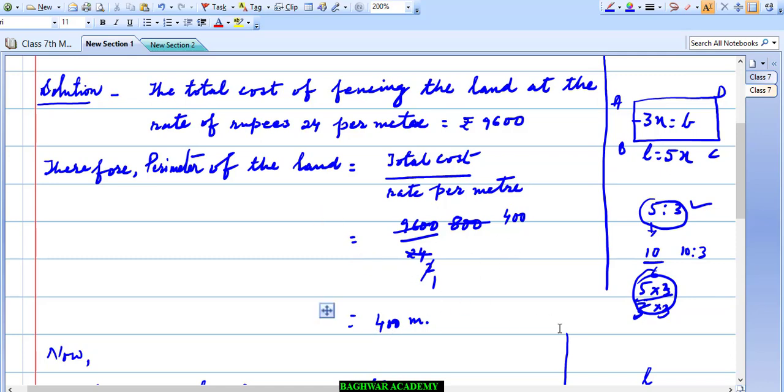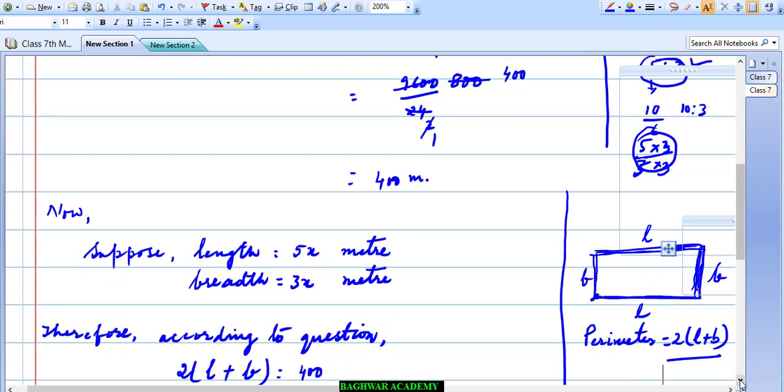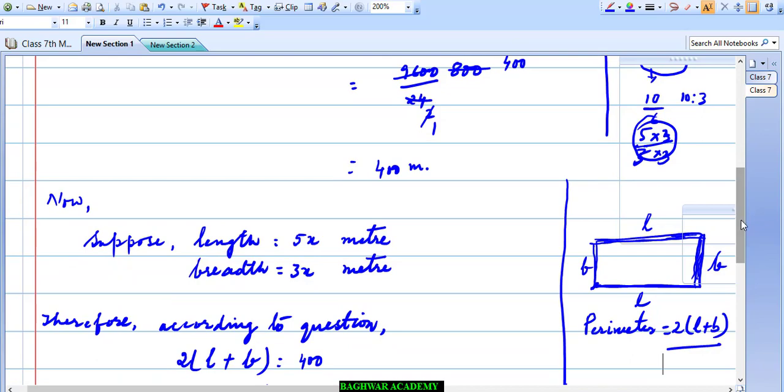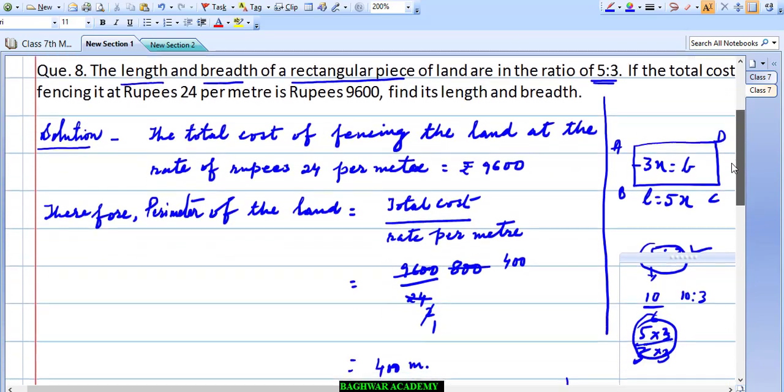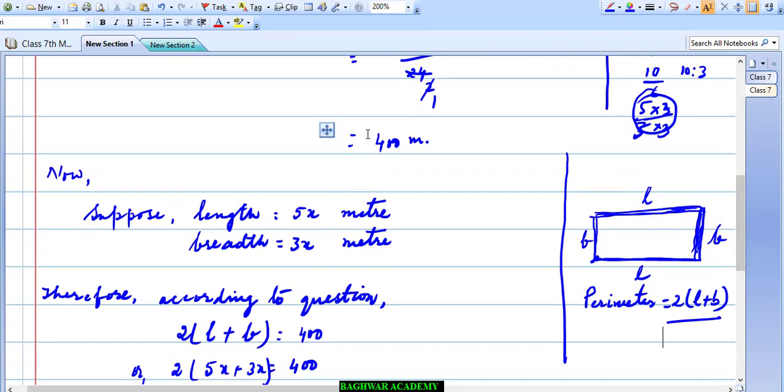Simplifying, you get 400 meters. So the length of the boundary which is required to be fenced is 400 meters. Simply, we divided the total cost by the rate per meter and got the perimeter of the rectangle.